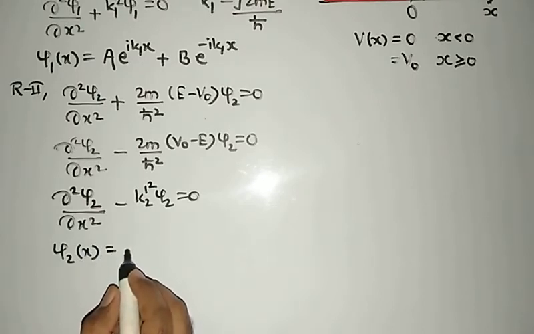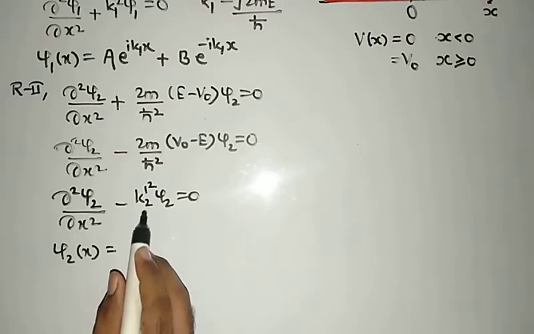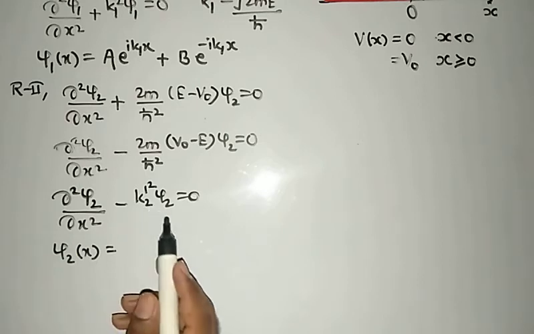What we considered for case first was c e to the power i k2x plus b e to the power minus i k2x, but something is different here.